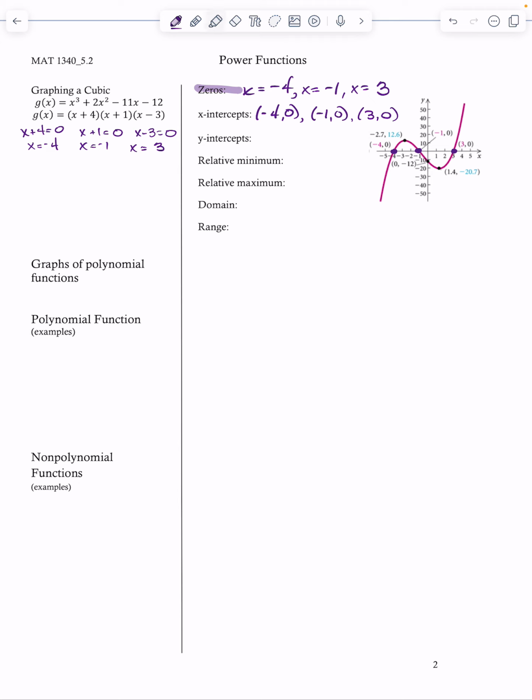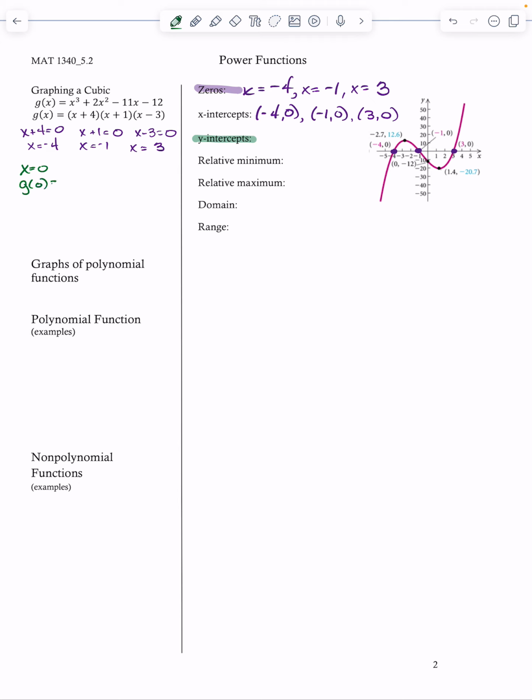Okay. Our y-intercept. So our y-intercept is where x equals 0. I can plug it in the original function.